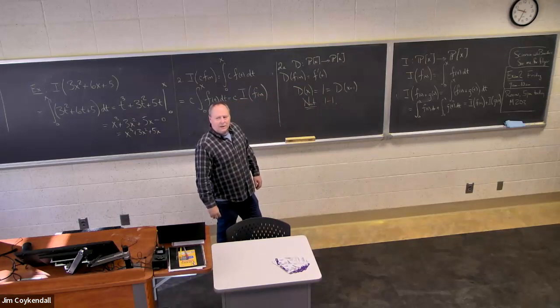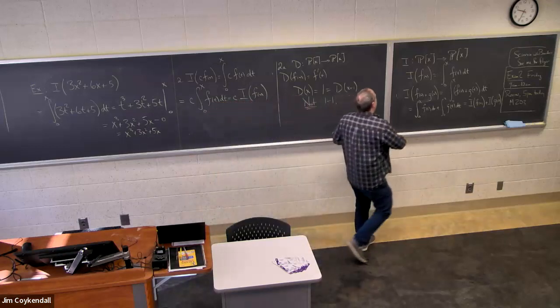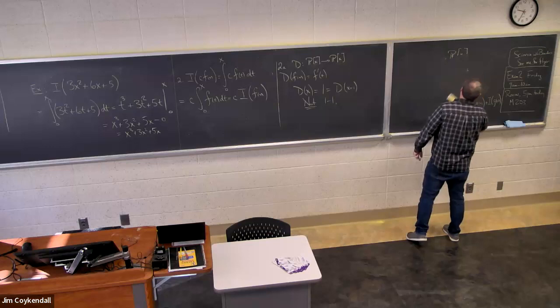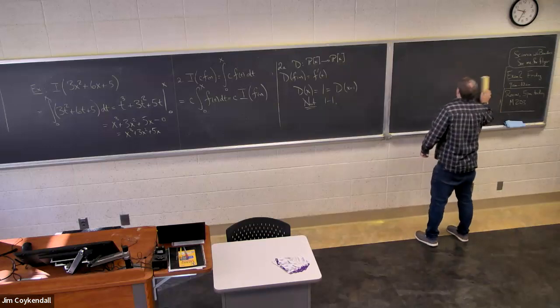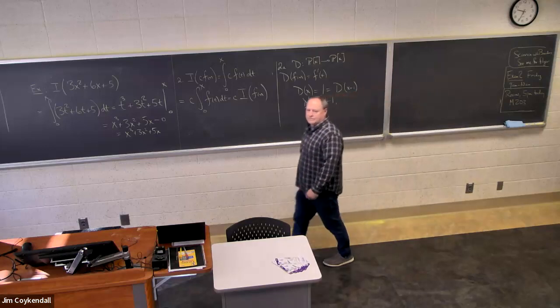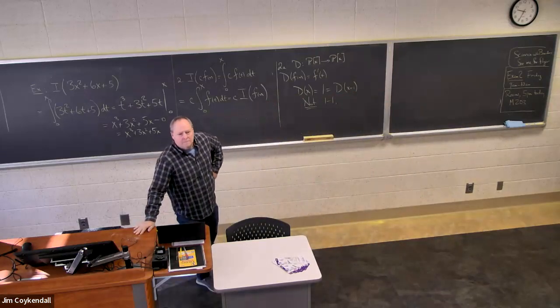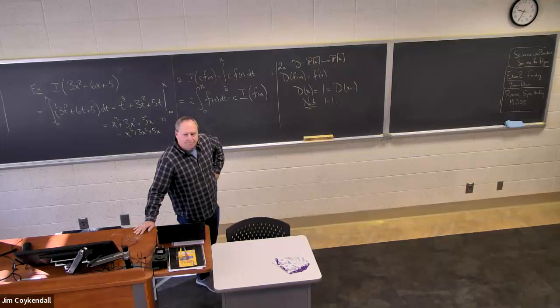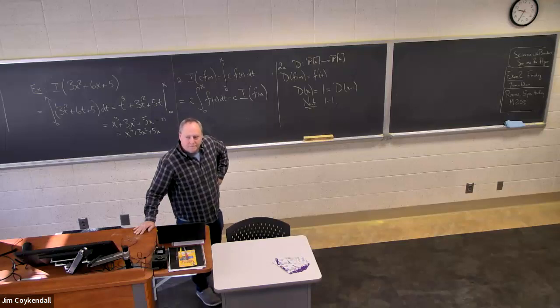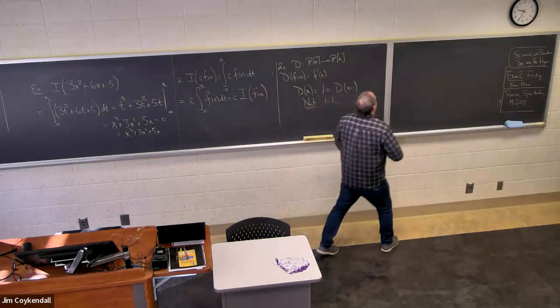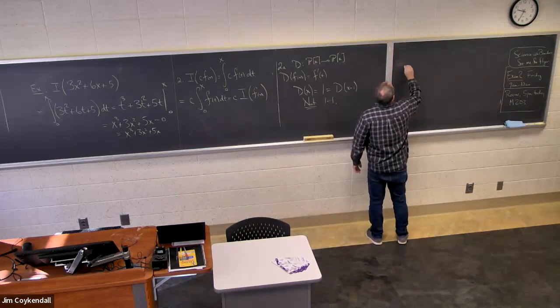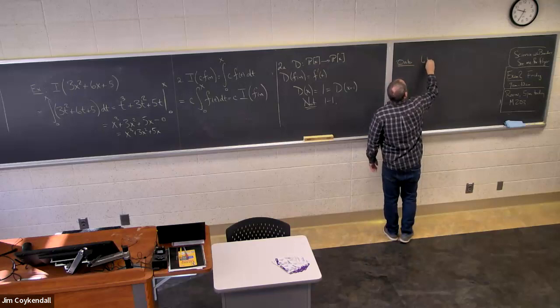It is onto though, I think. How do we do that? Input of degree n, get an output of degree n minus 1.